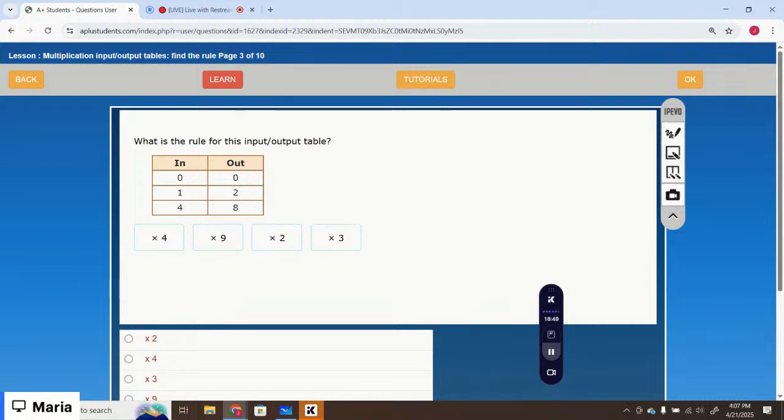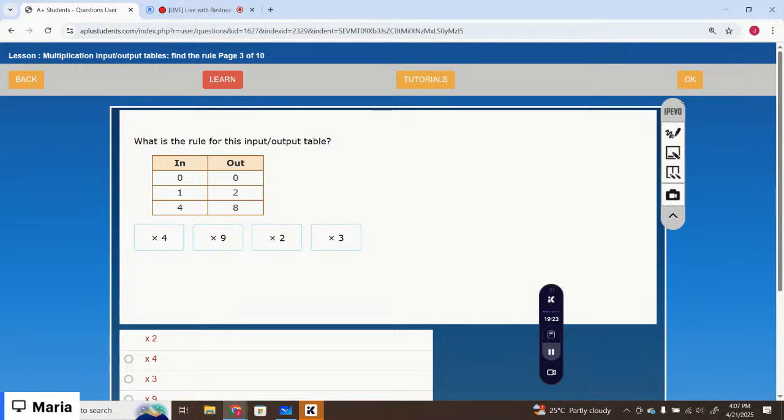What is the rule for the input output table? So which is the correct option? Option number 1 is the correct option.